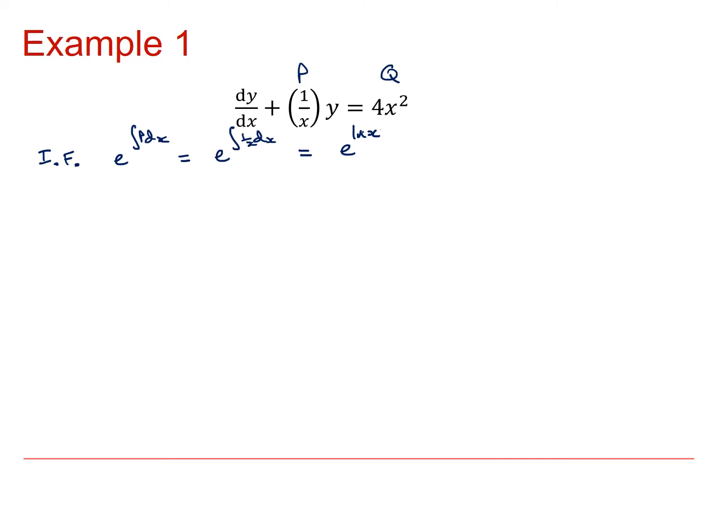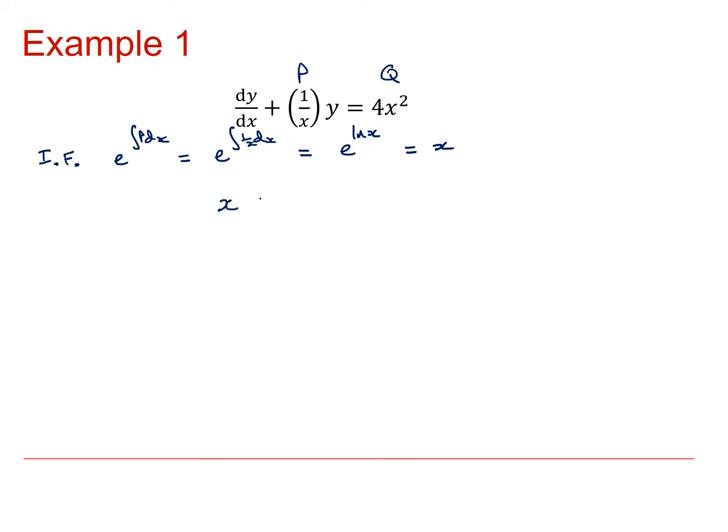I don't need a constant of integration here, and indeed if I did have one, it would just multiply right the way through and cancel out. So that is just going to be x. So my integrating factor is x, and in fact this is the integrating factor we were given for this equation in a previous video, but let's work it through anyway.